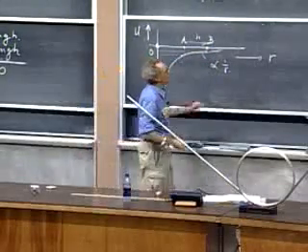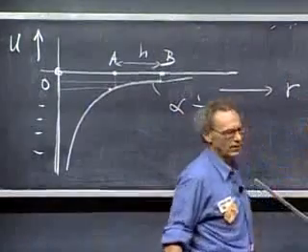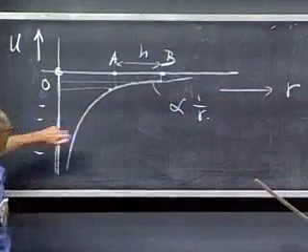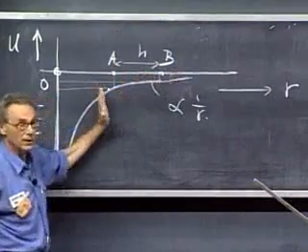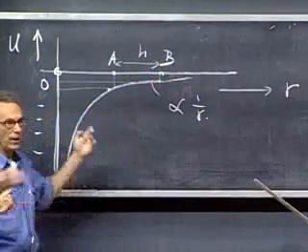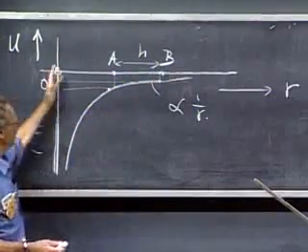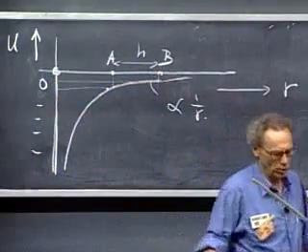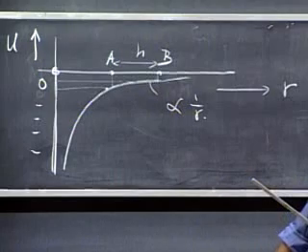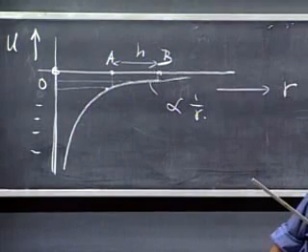And you have to use that equation to evaluate that. But you can clearly see that if I take an object and go from here to here, the potential energy will increase, and that's all that matters. So it increases when you go further away from the Earth, if you look at the Earth, or from the Sun, if you look at the Sun.